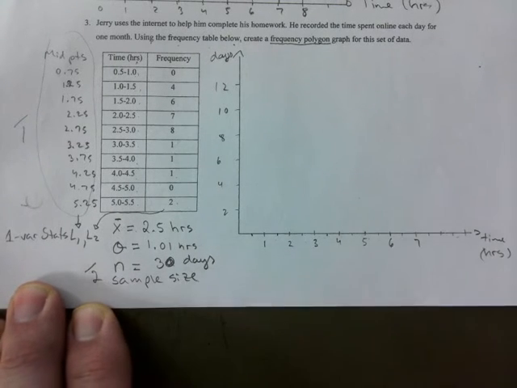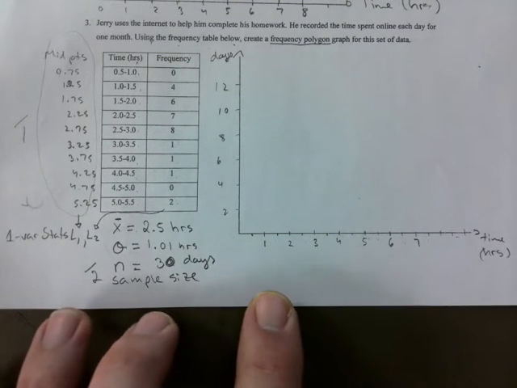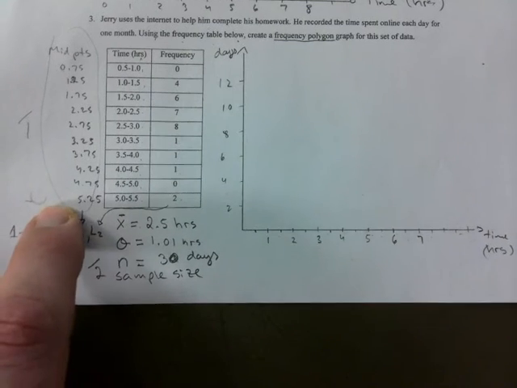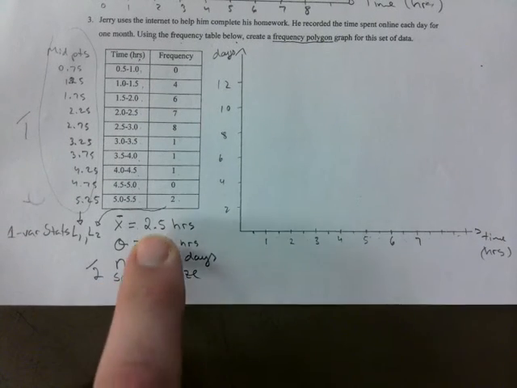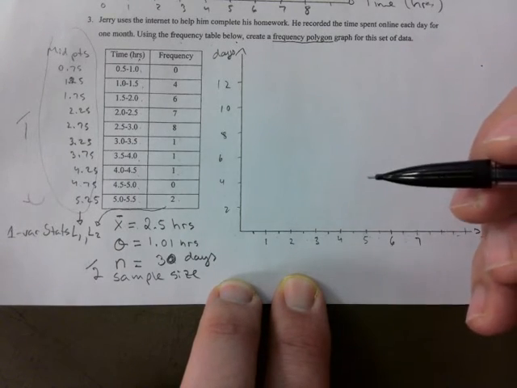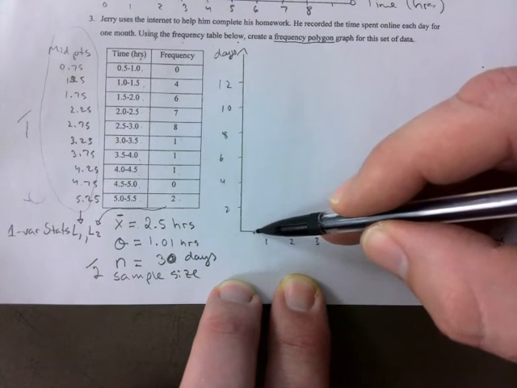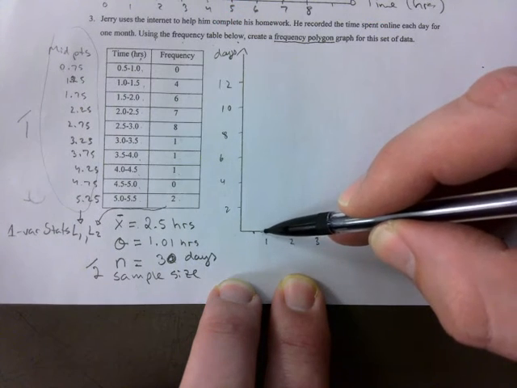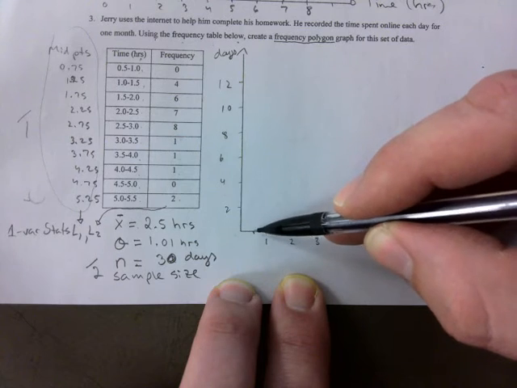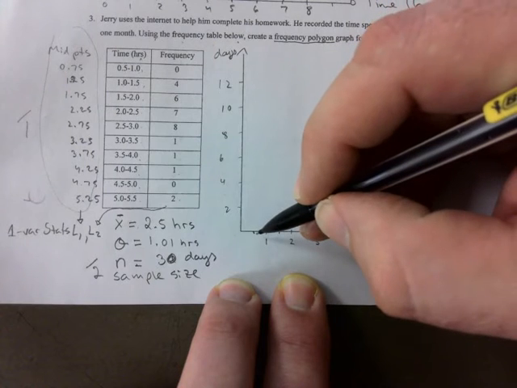Okay, so you would get 2 marks for that because you have to go L1 and L2, all of those things. So 1 mark for the midpoints, 2 for figuring this out. And now to graph this, how would we go about it? From 0.5 to 1, this is my 0.5 to 1 right here. If you want to do the bars first, go for it, but I'm probably going to skip that part.